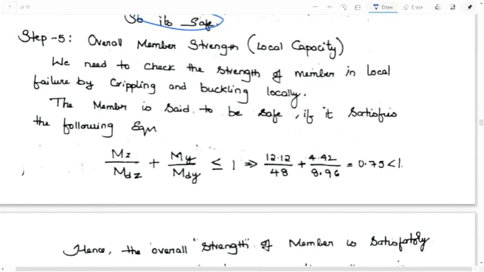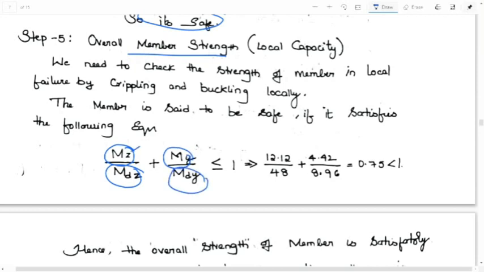Now the overall member strength has to be checked. As I told you, we need to check the strength of the member in local failure by crippling and buckling locally. So if the below condition is satisfied, then you can say that this particular section is safe against local failure. So MZ, MDZ, MY, MDY.